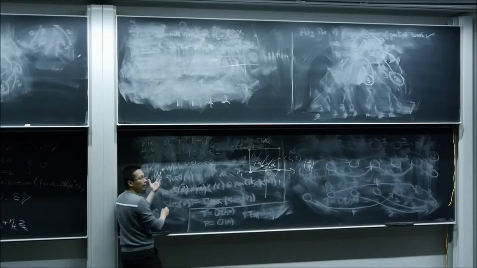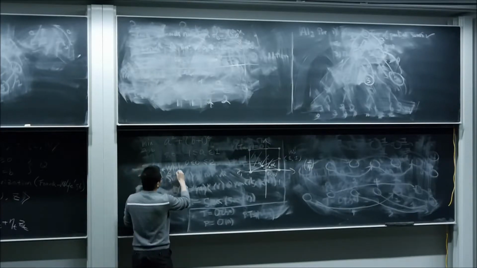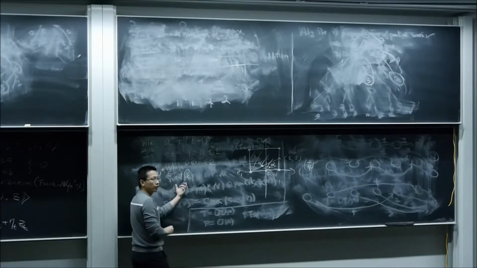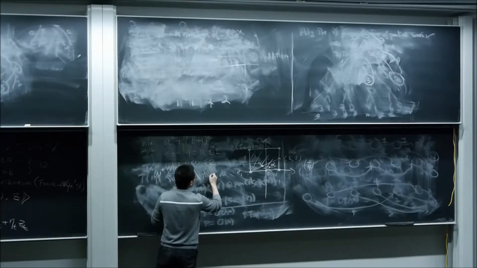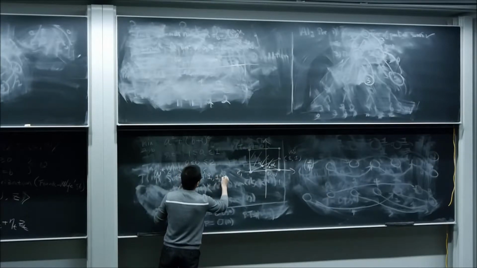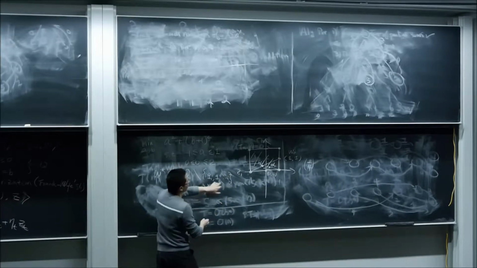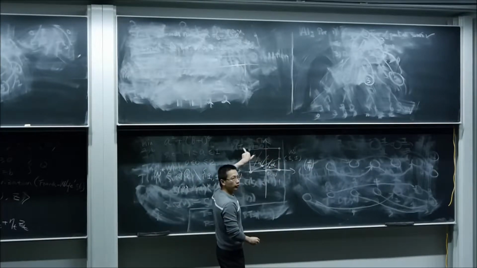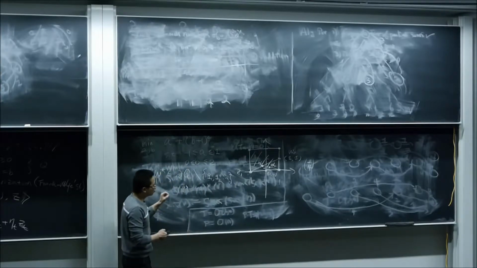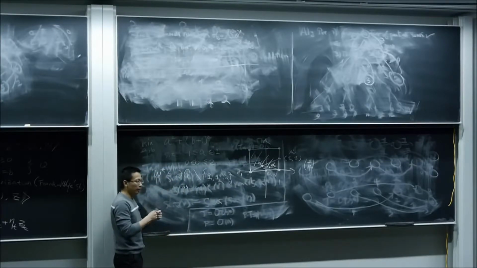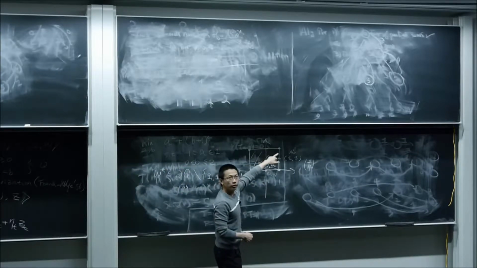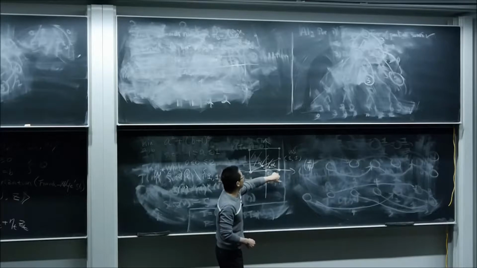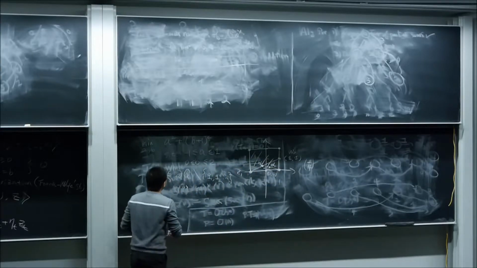If W star, the true minimizer, is on the boundary of my feasible set, Q, except the extreme points, so here we have 4 extreme points, Q1, Q2, Q3, Q4. So essentially it says the true minimizer is on the boundary of my feasible set, and it's not one of the extreme points.